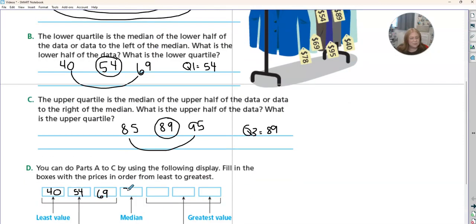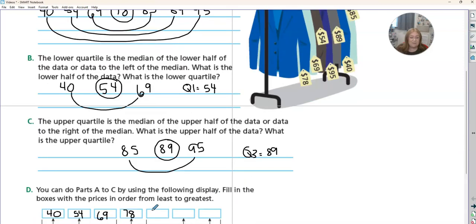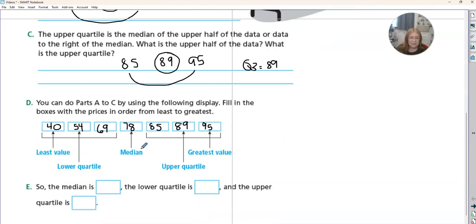I didn't realize what it was doing. Sorry. We're just putting them in order from least to greatest. Then after 78, we have 85. Then 89. And 95. So we can see, right, here's the middle. The median is 78. And then the middle of the front half is 54. And the middle of the back half is 89.